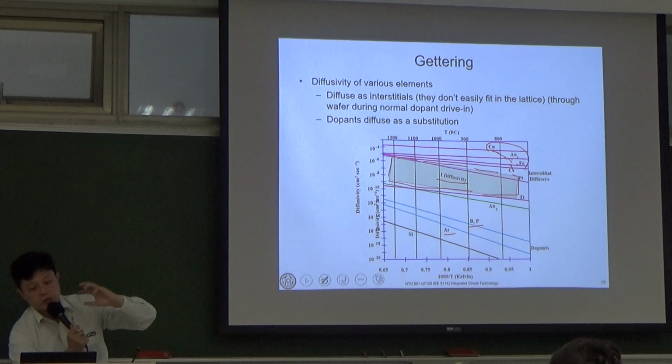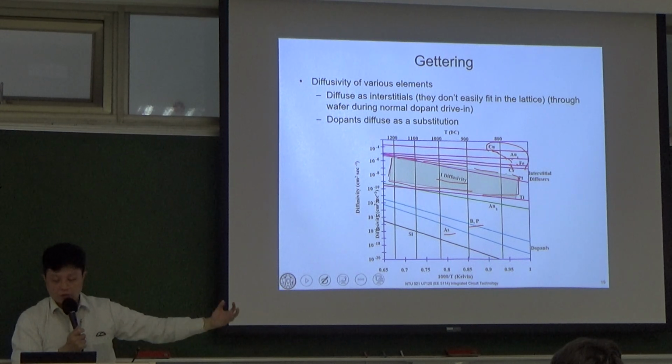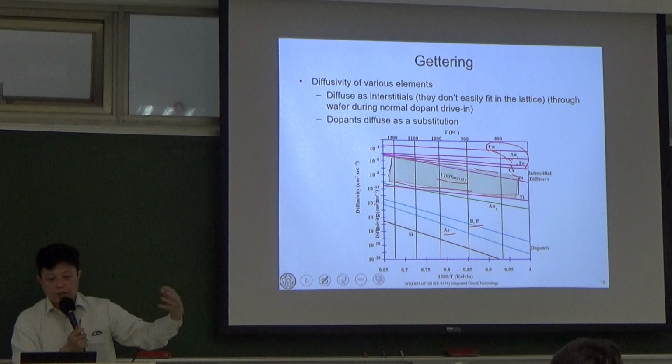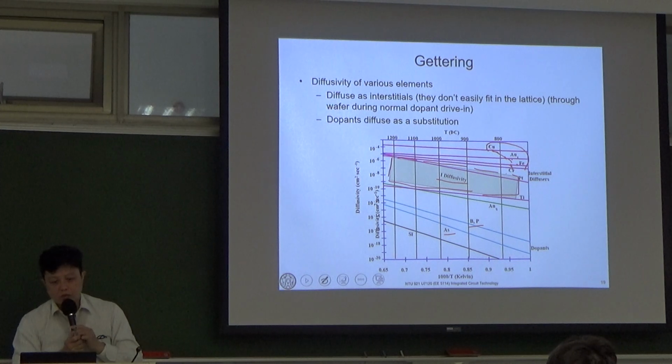They will substitute another silicon and switch the position, and then continue to move. That takes more time to break the bond and to form the bond and replace the original site, and then go on. So you can imagine that kind of process will be slower. That's for the dopant. But for those defects, they can just move around quickly.